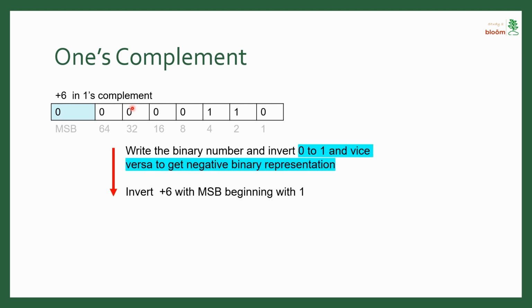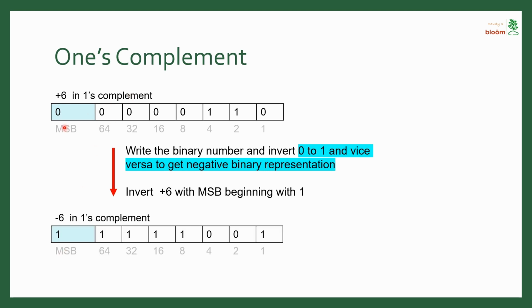We just invert zeros to 1 and 1s to zeros, just using a NOT gate, to convert it to negative form. So the sign bit 0 becomes 1, which represents a negative number, and all the values are inverted, zeros to 1 and 1s to zeros. So this is the representation of minus 6.